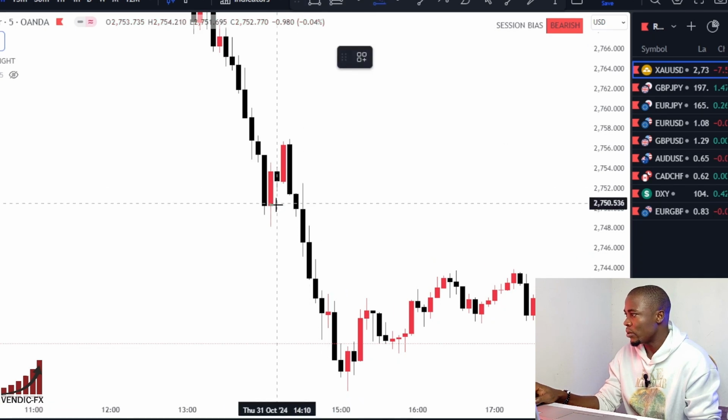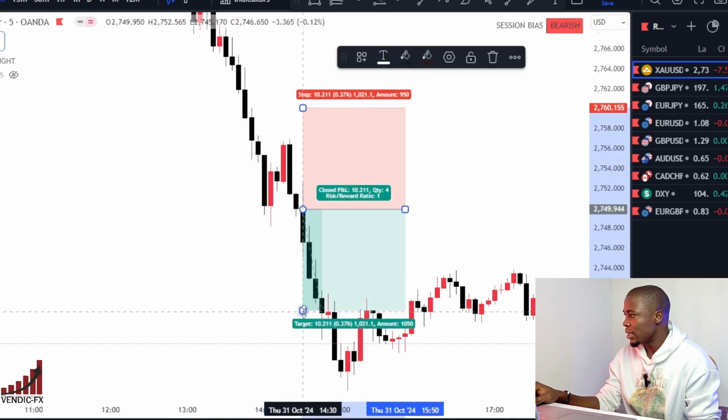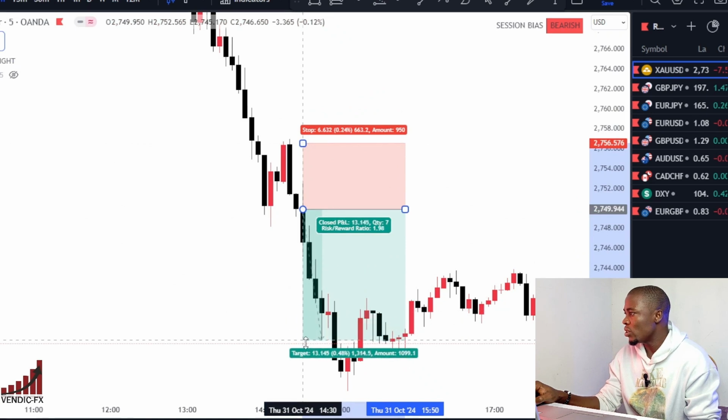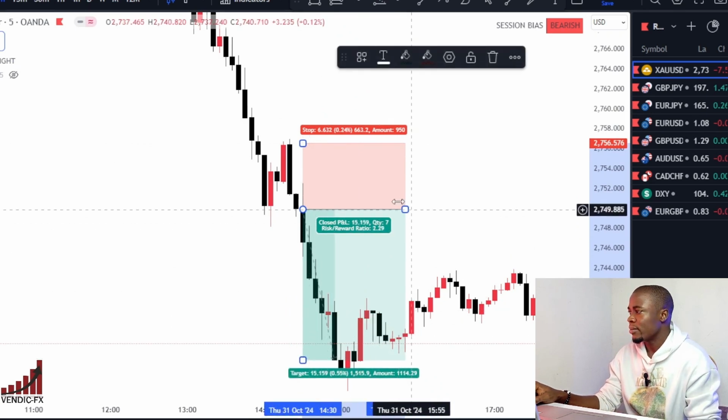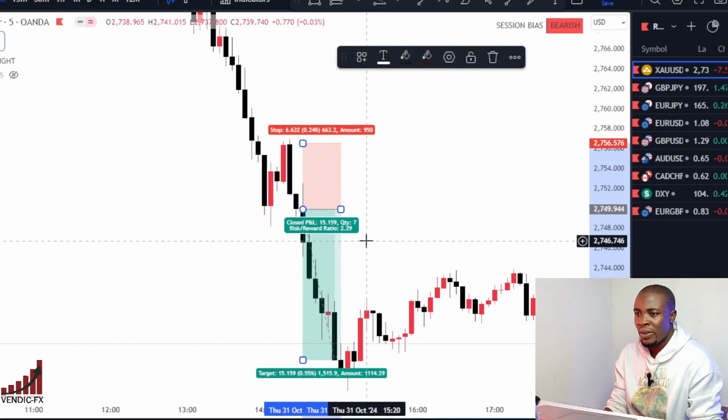For a sell, you sell below the candle, clean, with the stop above, and then you look for 1:2. Very clean. You don't need to overstress yourself on this. Very simple: a setup is formed, you wait for a close above the support, you get into it, target 1:2. This is the way to play.